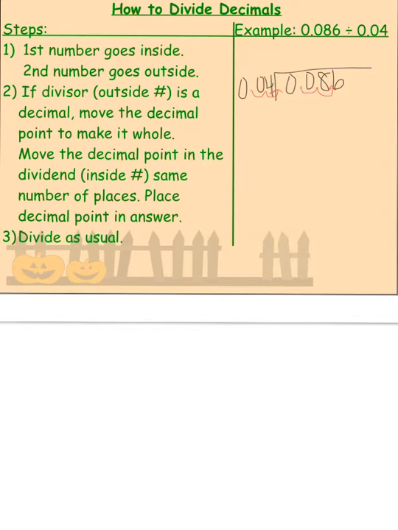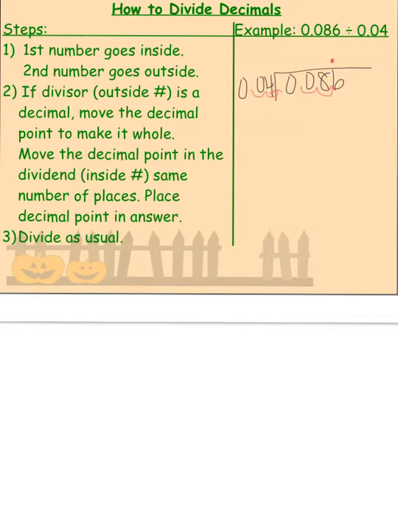Moving it not to the end of the number, but moving it the same number of places. So we hopped twice here, so we have to hop twice here. You hop or move the same number of places in both parts of the problem. Then you place the decimal in that same spot.